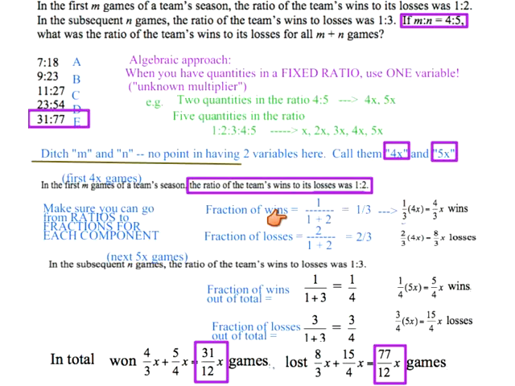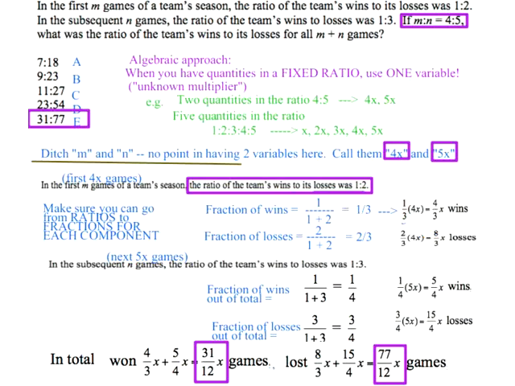Those of you who are probably going to find this hardest are those of you who are used to just being able to look at a problem and know what it does. Because this problem, you cannot do that. No matter how math smart you are, there is no way you can just look at this and say, oh, it's 31 to 77. You have to do the work and organize it. So you definitely have to write stuff and make labels.